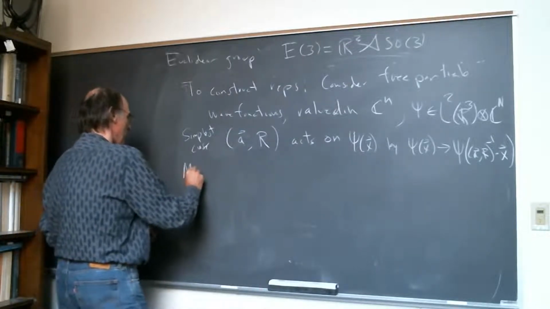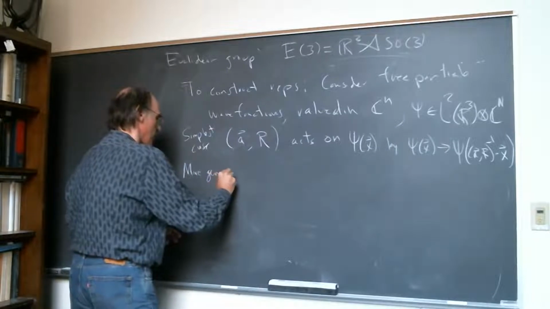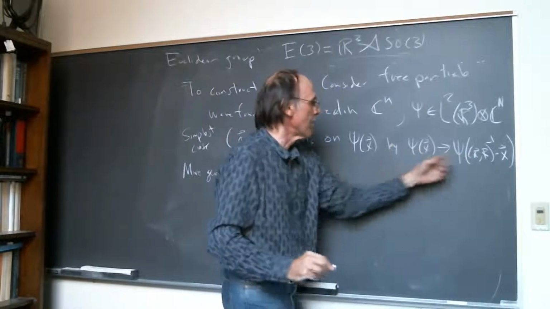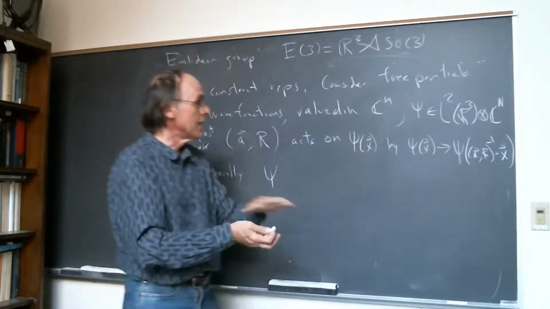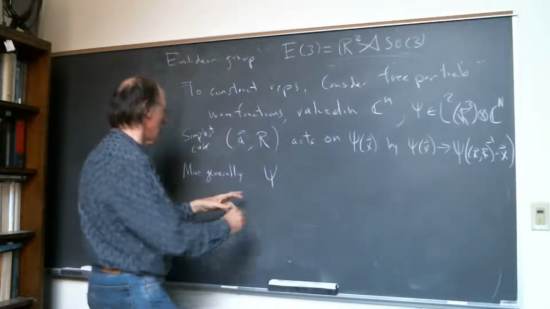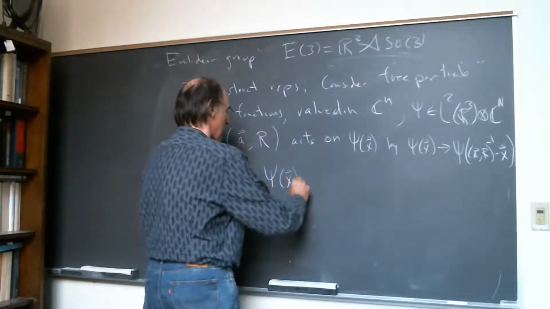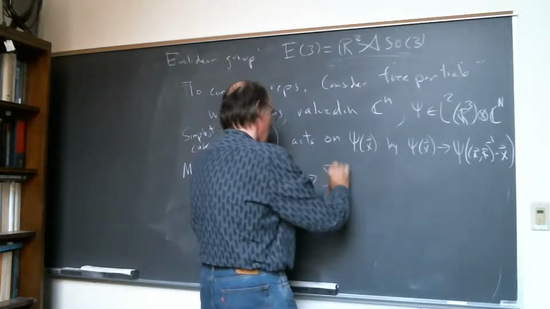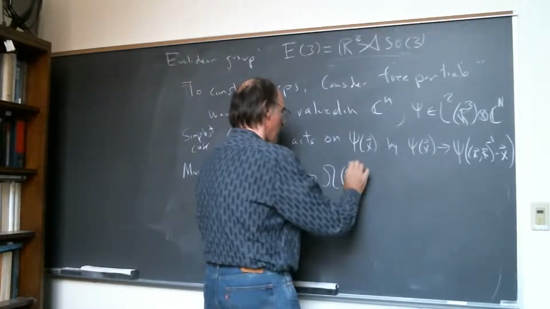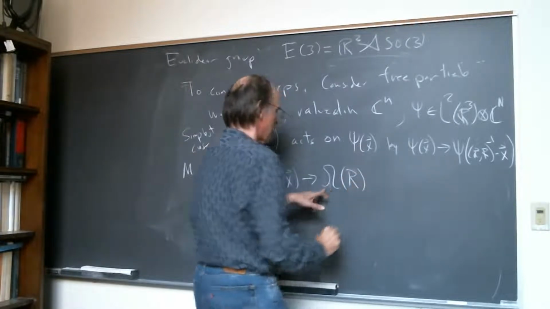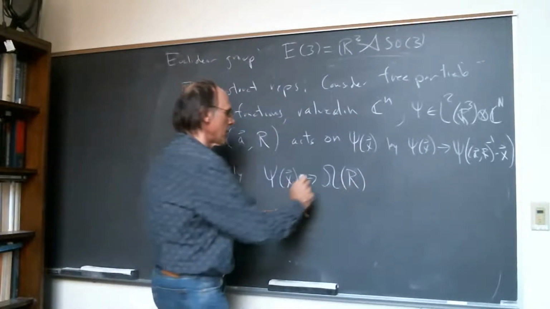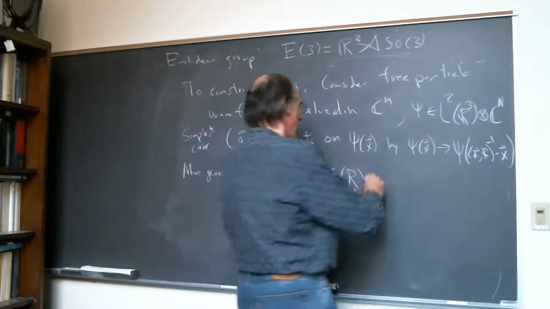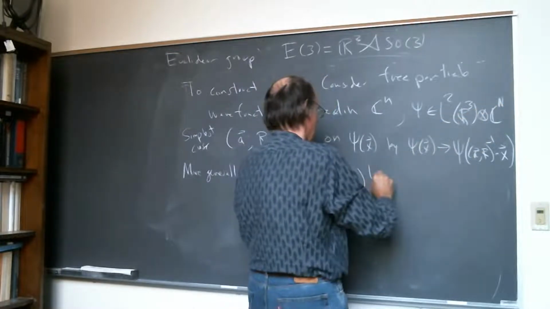So more generally, this is what you get for single component wave functions. If you have multiple component wave functions, you can take psi of x vector to some representation of the rotation. Pick some representation of SO3 on Cn, and then act this way.